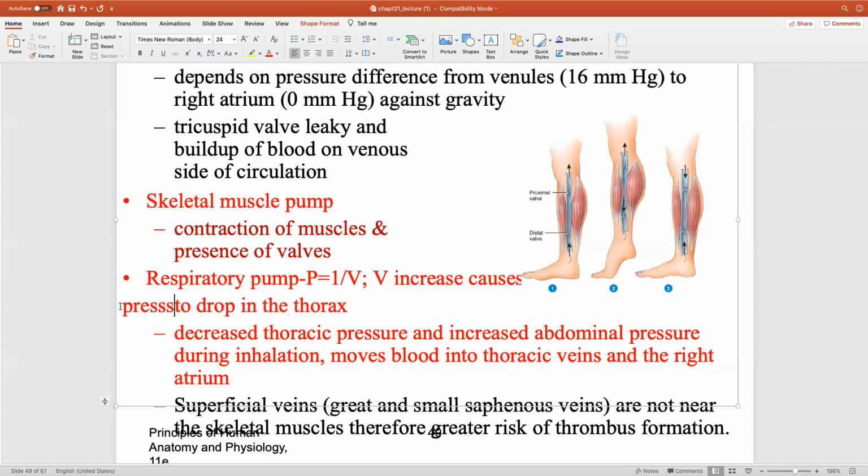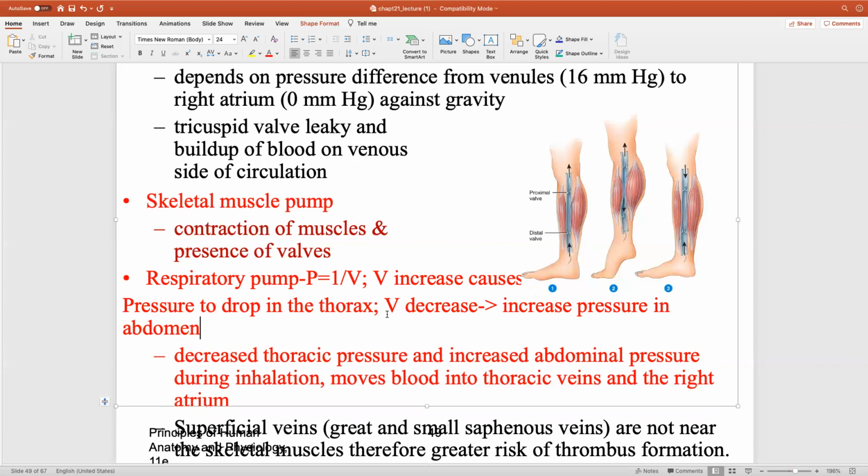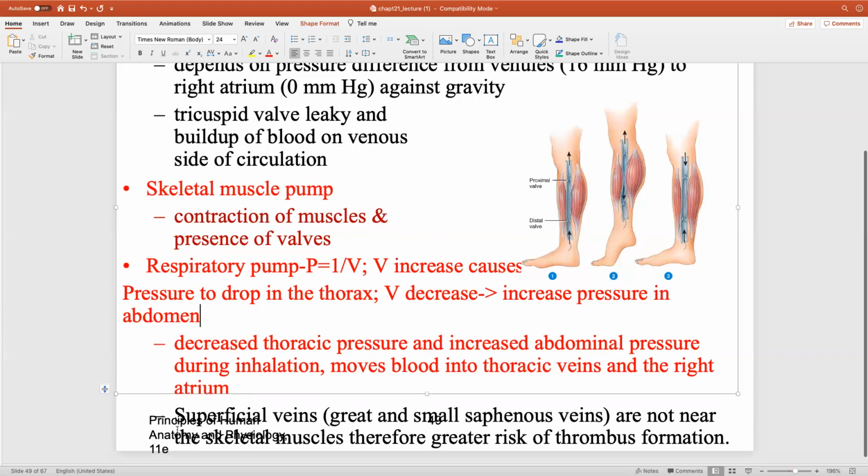At the same time, the opposite is occurring in the abdomen. In the abdomen, the volume is going to decrease. As the volume decreases in the abdomen, it will lead to an increase in pressure in the abdomen and in the inferior vena cava. So that is what we see here.